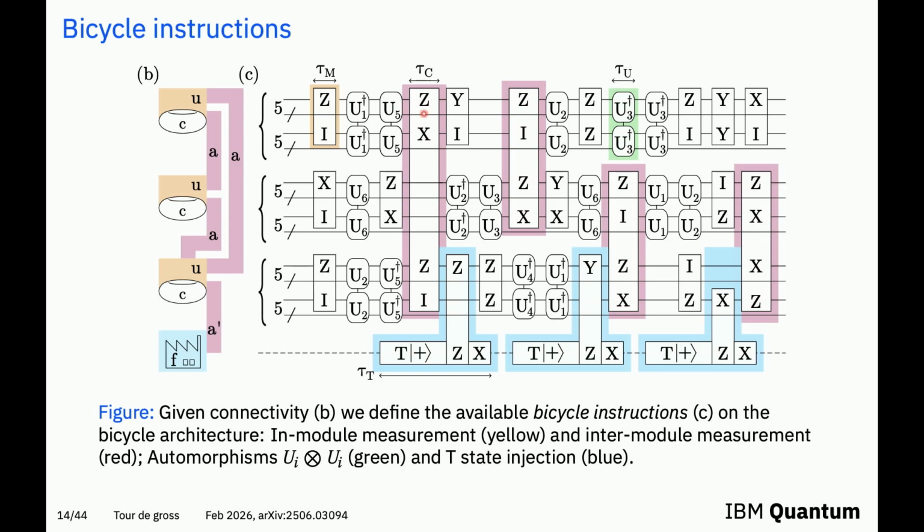Third, we have intermodule measurements over the adapters that have a limited set of 4-qubit measurements that we can perform. And finally, we need a way to inject magic into our architecture, and we can inject magic in any basis on an adjacent code module.